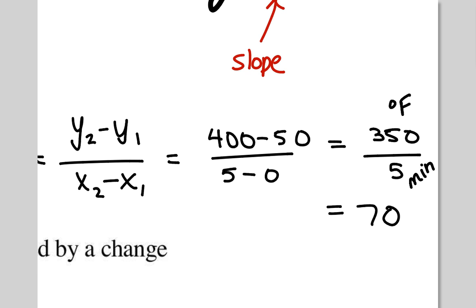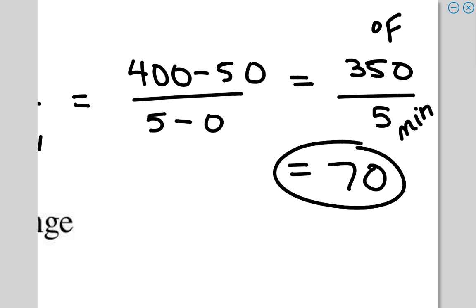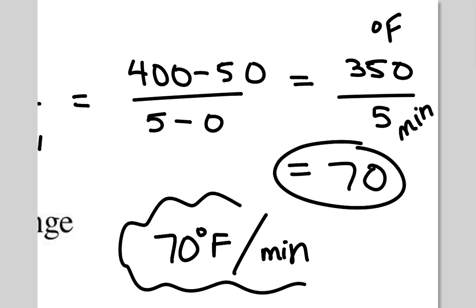So this rate of change, this 70, is actually 70 degrees Fahrenheit per minute. This is what we're looking for. What that means is as every minute progresses, 1 minute goes by, 1 minute goes by, 1 minute goes by, you go up 70. So what's the temperature at 2 minutes?